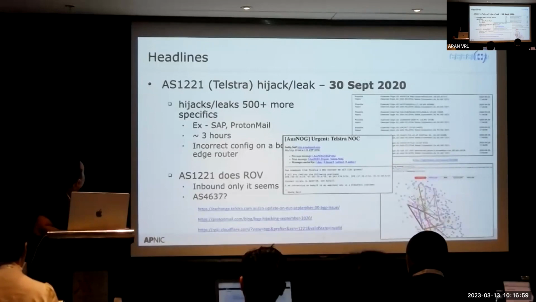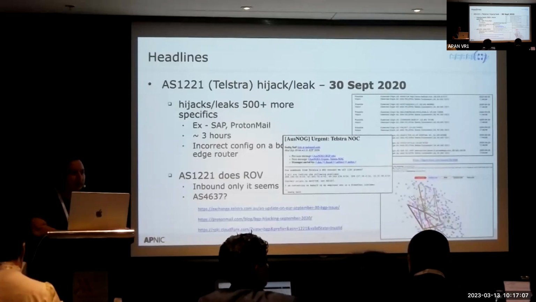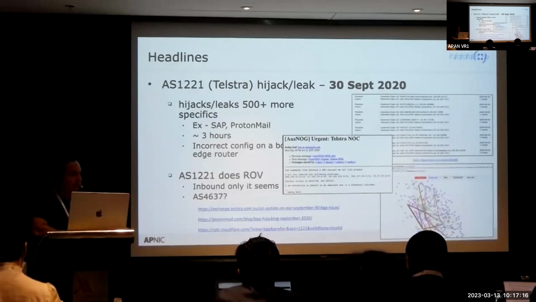Right. So also, there is another headline in 2020. I think that's one of the times when this filtering was much more popular, and most of the networks started doing filtering on their side. Right. So it hijacked around 500 more specific prefixes, and that's also not with bad intent.